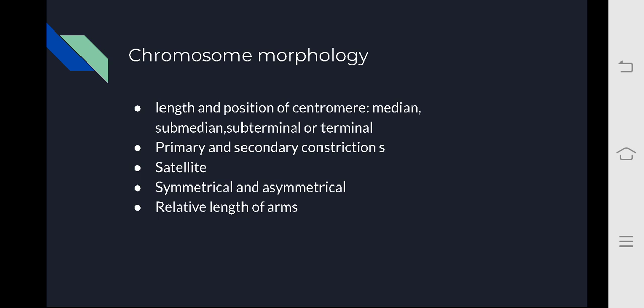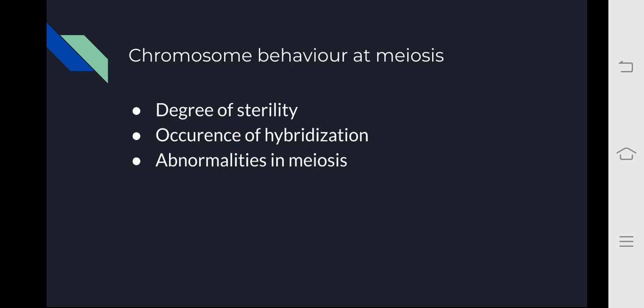Then we can talk about chromosome behavior at meiosis. Significant taxonomic information may be obtained by the study of the behavior of chromosomes during meiosis. Degree of sterility and occurrence of hybridization are determined by the behavior of chromosomes during meiosis. Abnormalities in meiosis, such as non-pairing, crossing over, unequal interchanges or translocations, bridge formation, lagging chromosomes, etc., have all proved to be of systematic value.